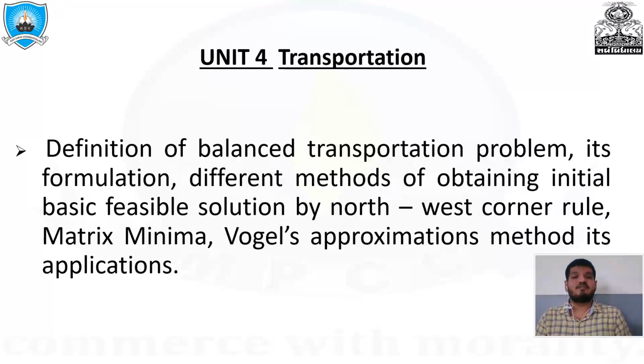Now unit 4 is transportation problem. Now we are going to study definition of balanced transportation problem, its formulation, different methods of obtaining initial basic feasible solution. Basically we are going to study 3 methods in it: northwest corner rule, matrix minima method and Vogel's approximation method, to find out the basic feasible solution in transportation problem.